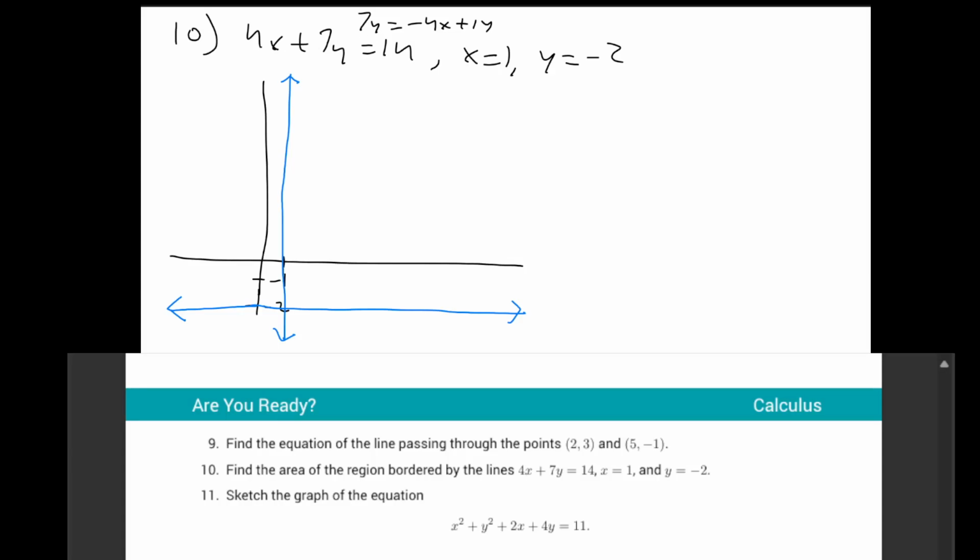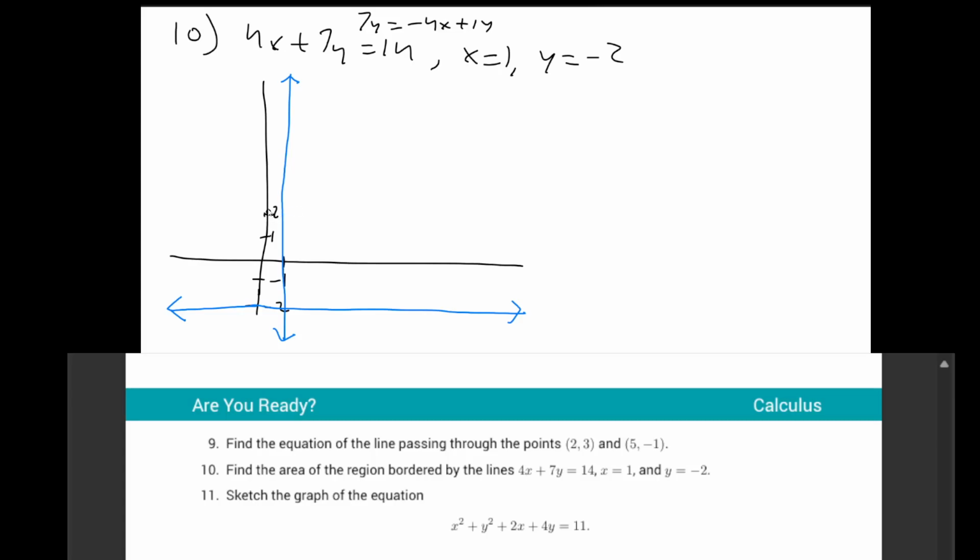So slope is negative. So the line, of course, will intersect 2 because dividing by 7, b should equal 2, right? So it should intersect 1, 2, should intersect here, and the slope is negative.